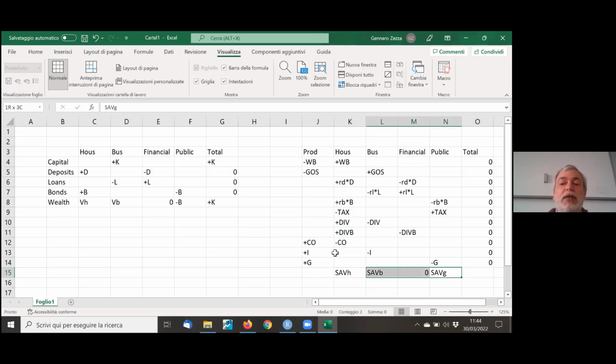And these are not things that we want to sum up necessarily. Actually, if I have saving, I would have the investment next. So let's call this net lending rather than saving. Net lending of households, net lending of business, net lending of the government. And here we want to have the change in deposits.